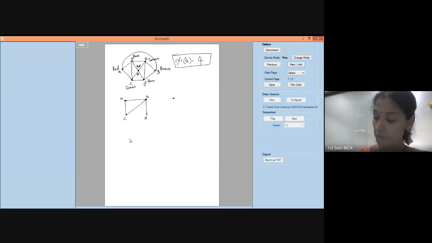One more graph I'm giving. For these two graphs, tell me what is the chromatic number.